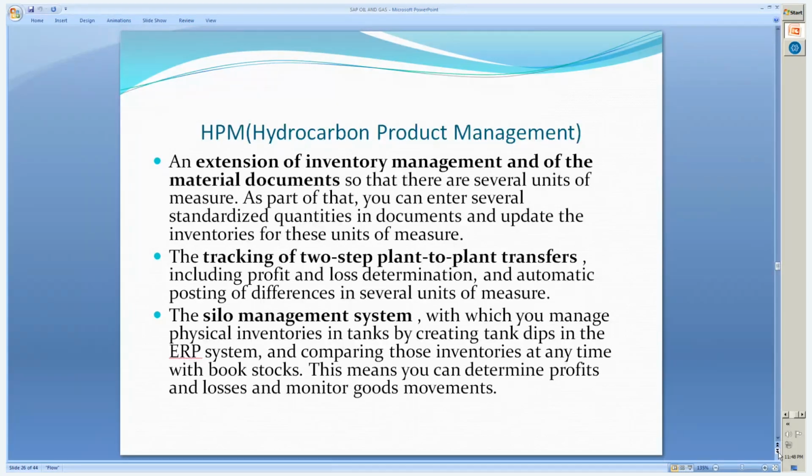So the variation that is happening has to be recorded and converted from the ambient temperature to standard temperature, so loss and gain can be calculated in the overall process. So this is also one of the important areas, not only in delivery processing, but also in terms of inventory management. The HPM component is very much required.